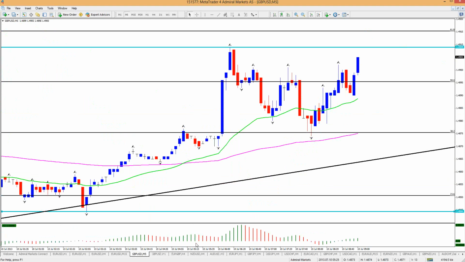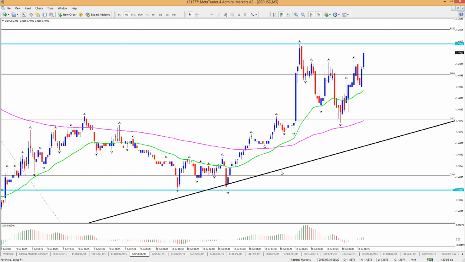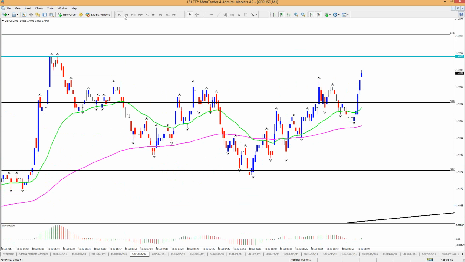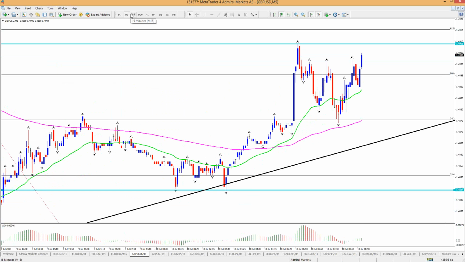Otherwise, we'll just take a look at the last 15 minutes at the pound, okay? I'm going to monitor if it does break this high, and if it does, if I'm interested in selling it. Okay, so that will be the last part of our session.